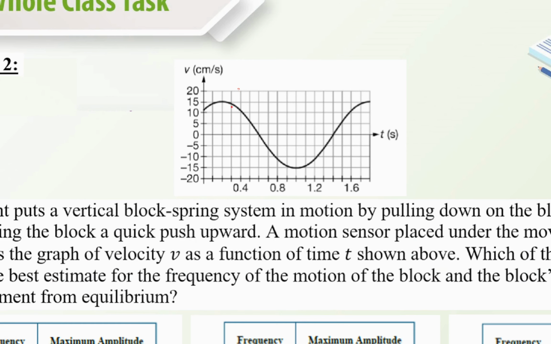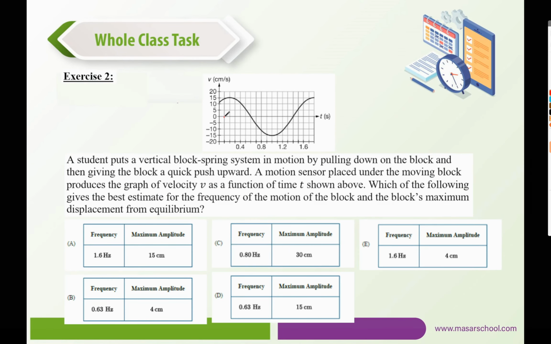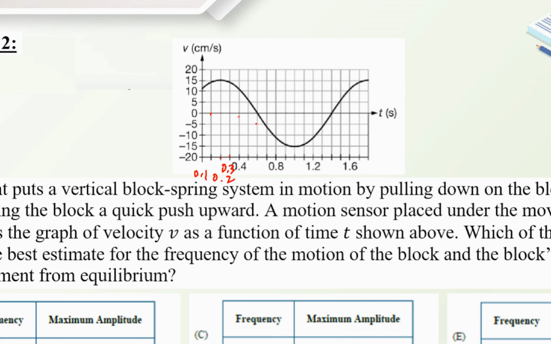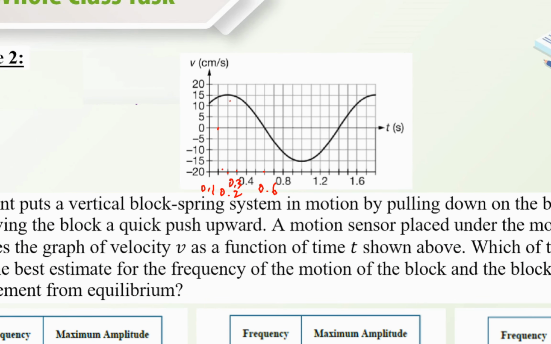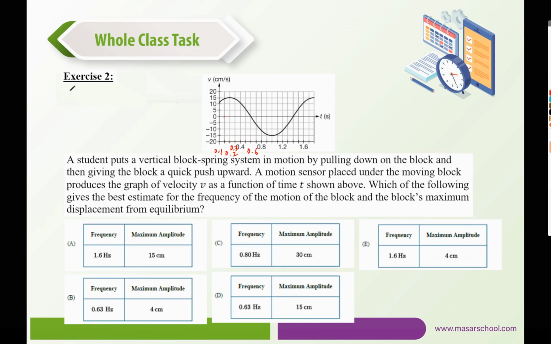Now this is an amplitude, so let me say this is 0.1, that's 0.2, that's 0.3, so this is 0.4, 0.5, and that would be 0.6. Now one amplitude corresponds to 0.6 minus 0.2, which is basically 0.4 seconds.